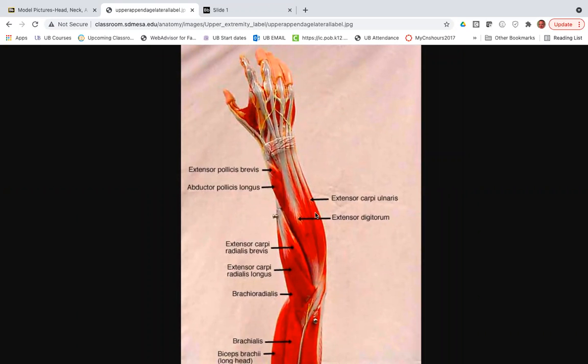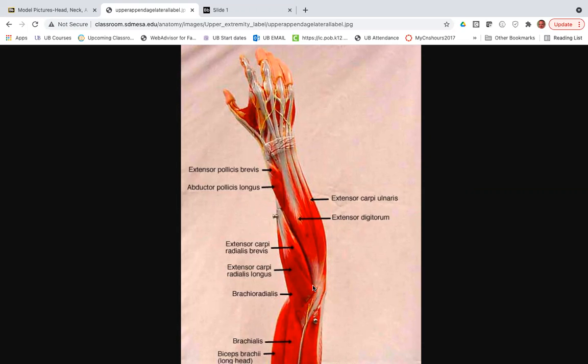Okay. The flexors of the forearm, those superficial muscles, the flexors of the wrist originated on the medial epicondyle, whereas all of the extensors are going to originate on the lateral epicondyle of the humerus. So everything's opposites, right?